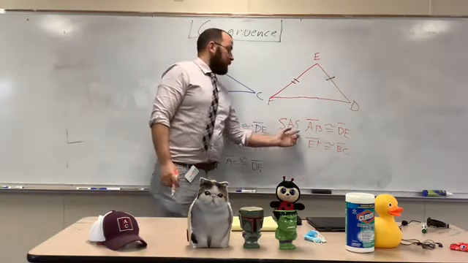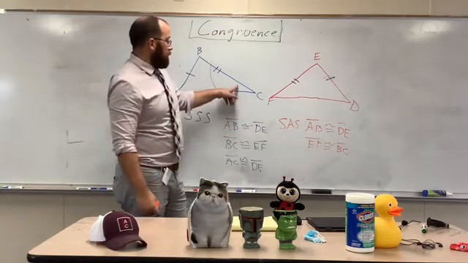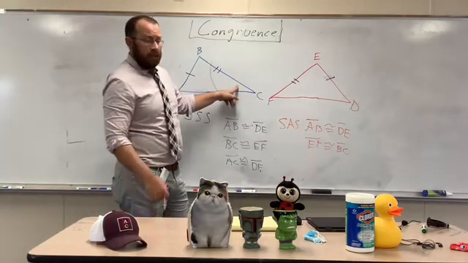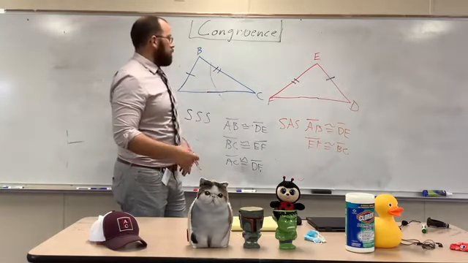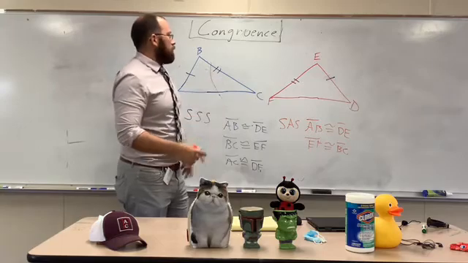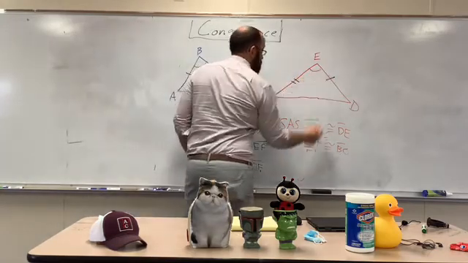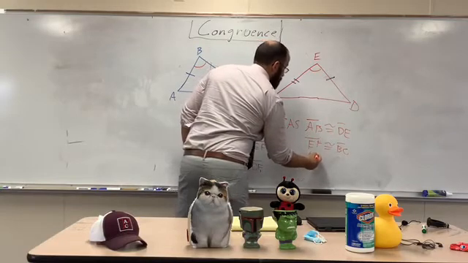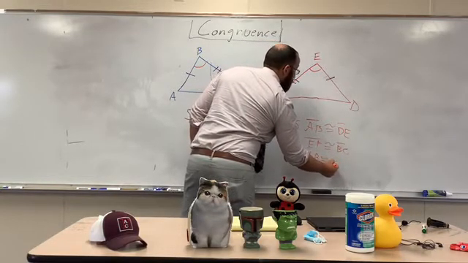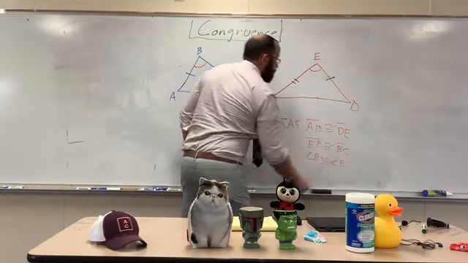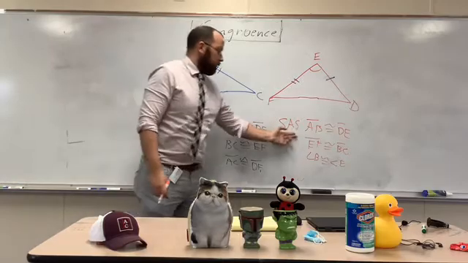But now I have two sides, now I need that angle. The angle has to be in between. It's a different one if you have an angle over here. That'd be side, well, you can't do that. Thought you could, you can't. So now you just need this angle. So now I need to know that angle B is congruent to angle E. So side, angle, side.